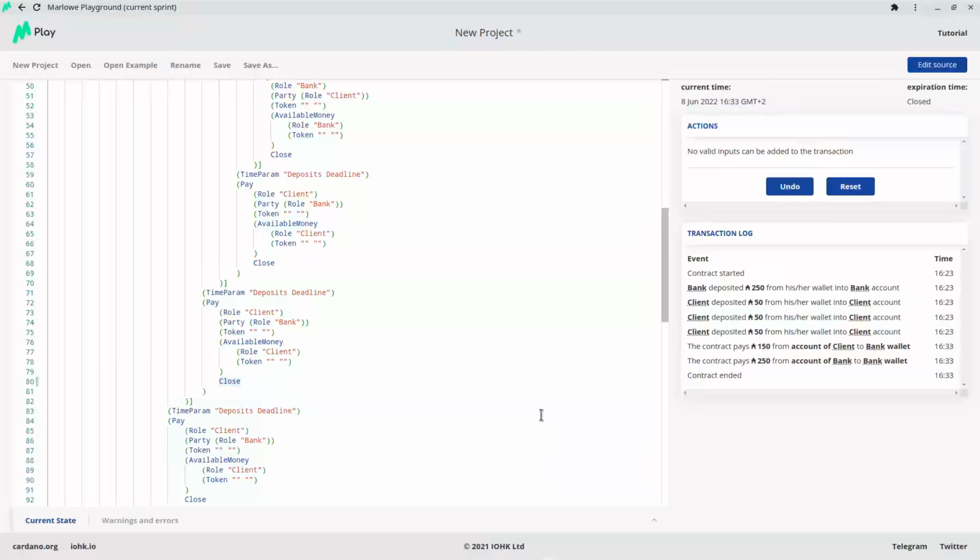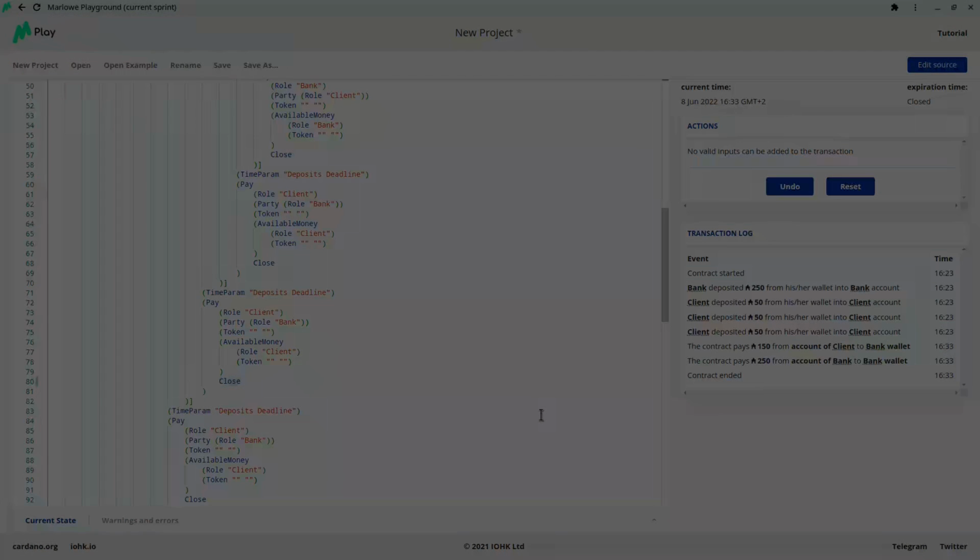So you have programs writing programs or contract writing programs. And doing that, it's possible to have quite a short, simple Haskell or JavaScript program that generates quite complex Marlowe contracts. So if you know a little bit of programming, then using this technique, you can write really complicated, complex, long Marlowe contracts with a few lines of code.